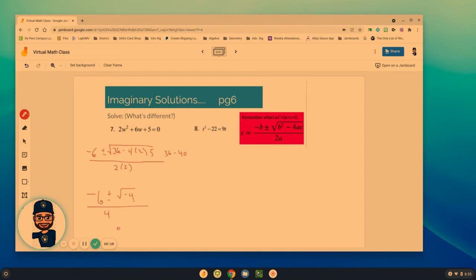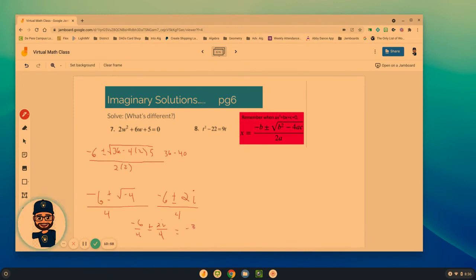Now, when we simplified underneath that square root, we end up with a negative. So what have we been doing yesterday and today? We know that we can replace that. Negative 6 plus or minus. I can take the negative out by making it an i, and then we're left with the square root of 4, which is 2, all over 4. And if we're trying to simplify that, which we should, we're going to write it as negative 6 over 4 plus or minus 2i over 4, and then we will simplify each part.